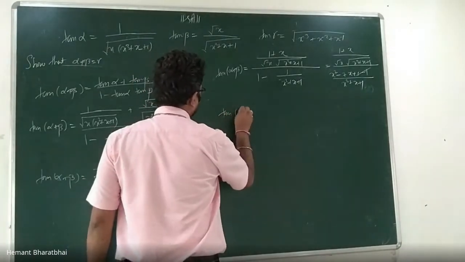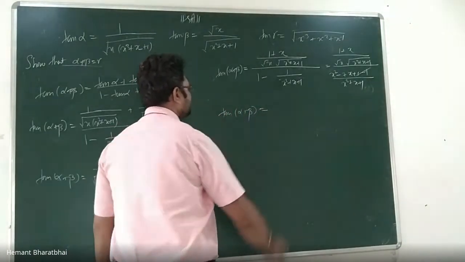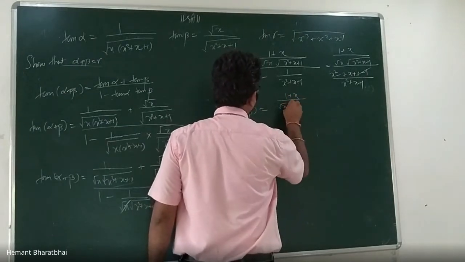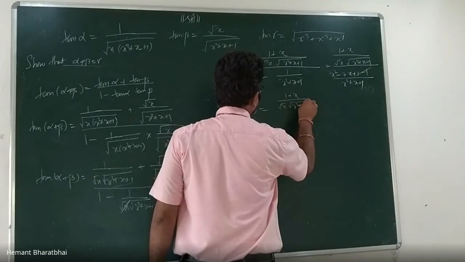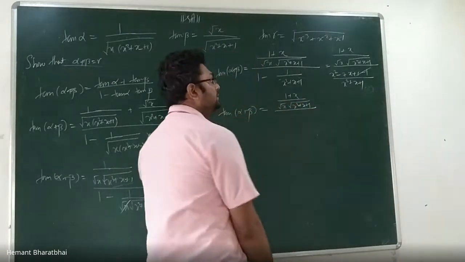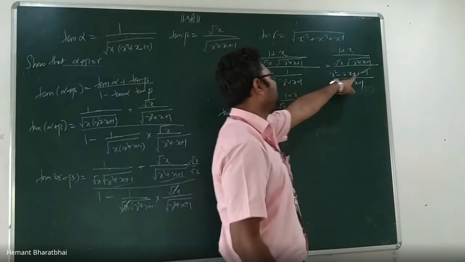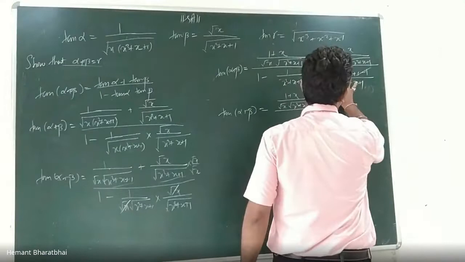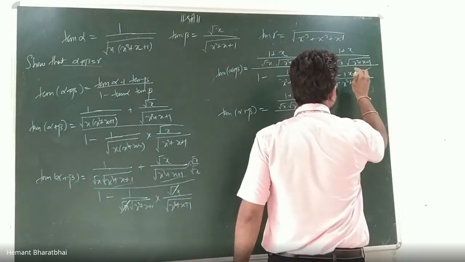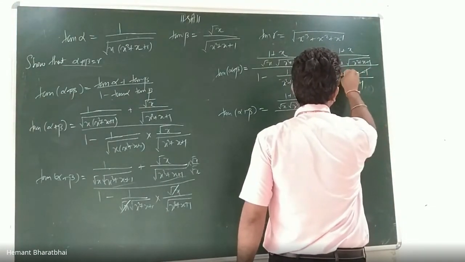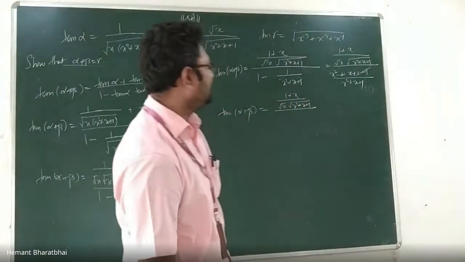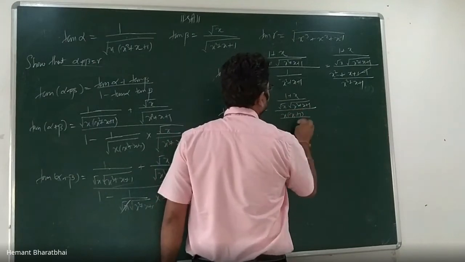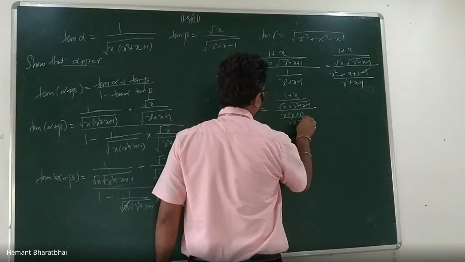So I get tan of alpha plus beta is equal to 1 plus x upon root x into root of x square plus x plus 1, the whole upon, here plus 1 minus 1 got cancelled. Here I have x square plus x, so I can take x common from that, so I will get x plus 1 upon x square plus x plus 1.